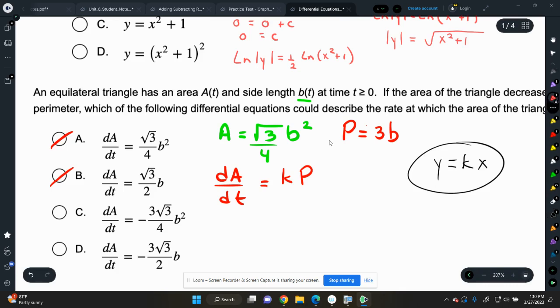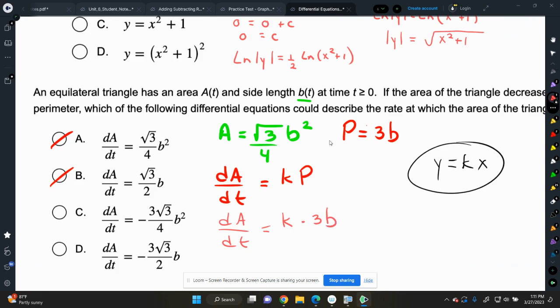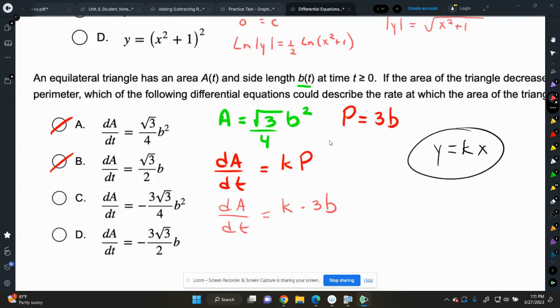Which one of these equations? That means we have dA over dt equals k times p. What's p? 3b. Which one of those equations follows that form? Choice C or D. So D. What would the k be in D?